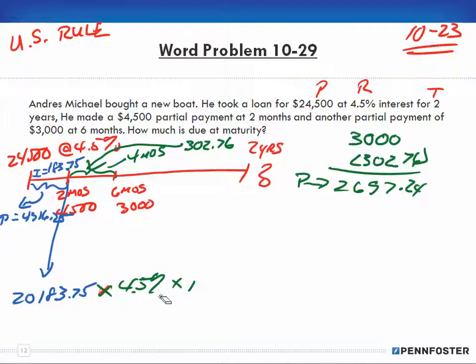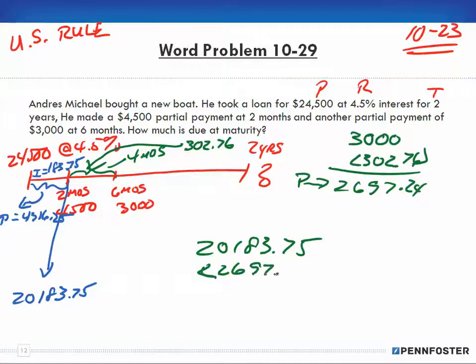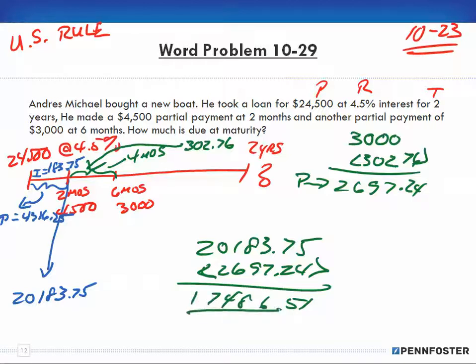If my principal amount at the beginning of that period was $20,183.75, and I subtract $2,697.24 of principal, that gives me a new adjusted balance at this point in time of $17,486.51.